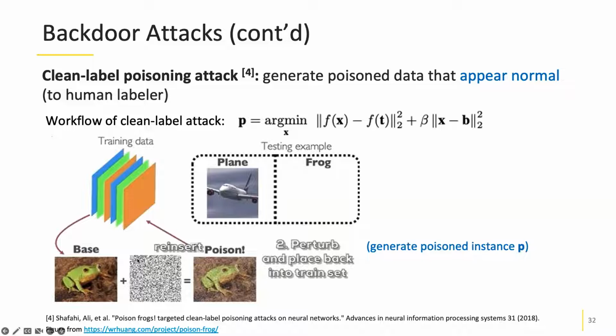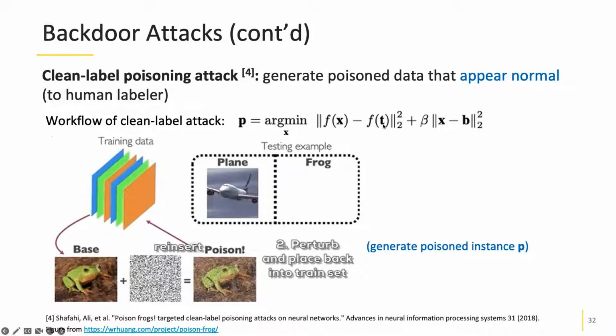And then the adversary generates the poisoned inputs by adding the optimized noise pattern here, such that after the base image is perturbed by this noise, the poisoned instance has a high similarity with the base image in the Euclidean space. Basically it means that the perturbation is bounded.